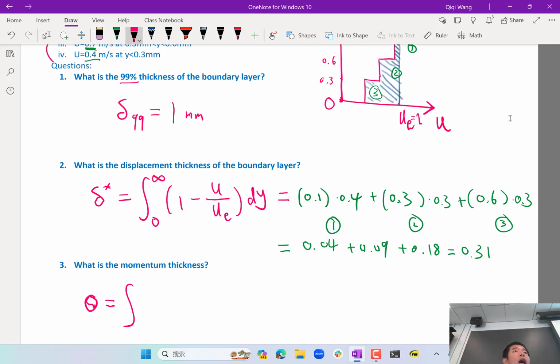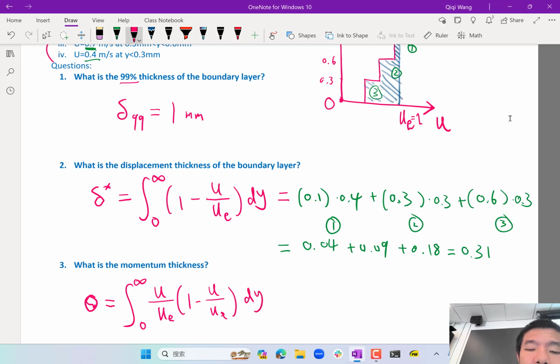So that is how much less momentum the boundary layer has compared to the same flow in the same stream tube upstream of the boundary layer. So that's going to be equal to an integral of u over ue times this 1 minus u over ue times dy.